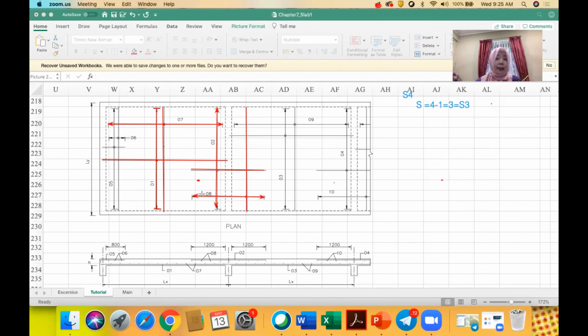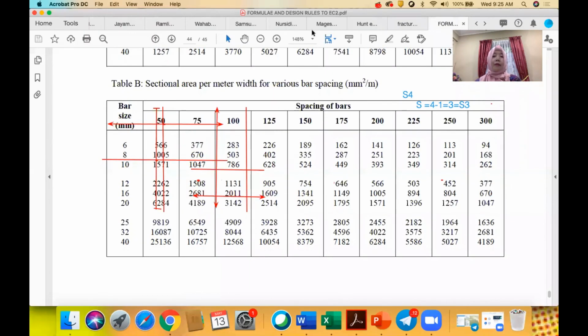So what is the distance here? Yeah, the distance 1,800. So to get that value, we need to refer to the simplified detailing. Sorry, I need to erase first.